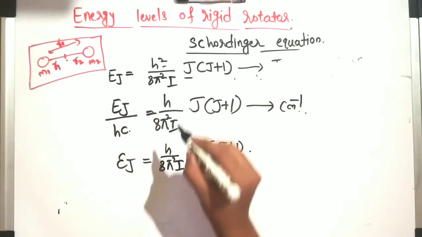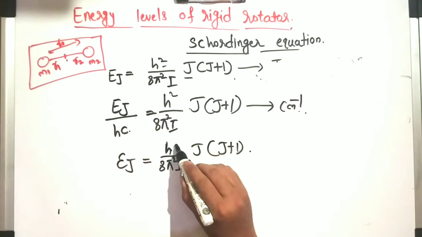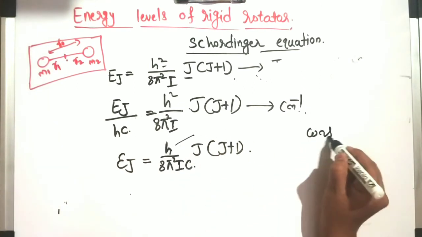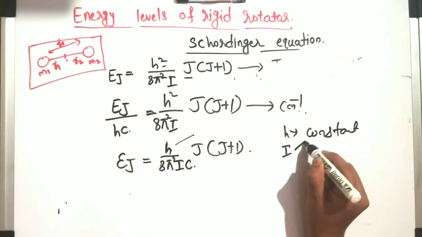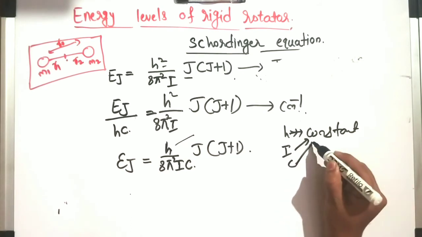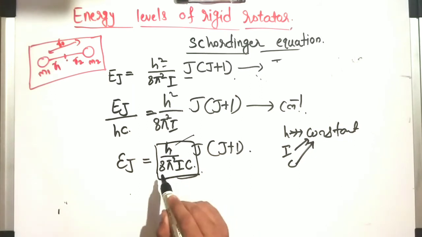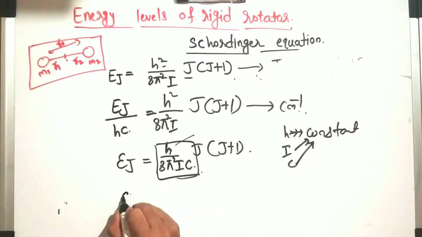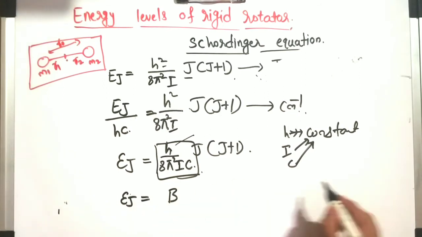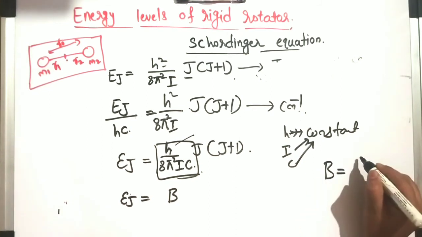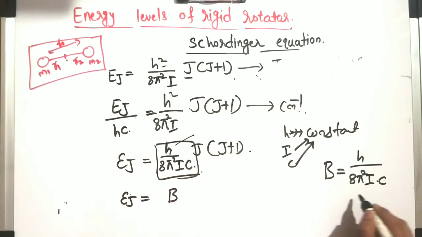Here h is Planck's constant, a constant term. I is also constant, and c, the speed of light, is also constant. So this whole term is constant. We introduce a new term B. B equals h divided by 8 pi square I c. Why are we taking this?